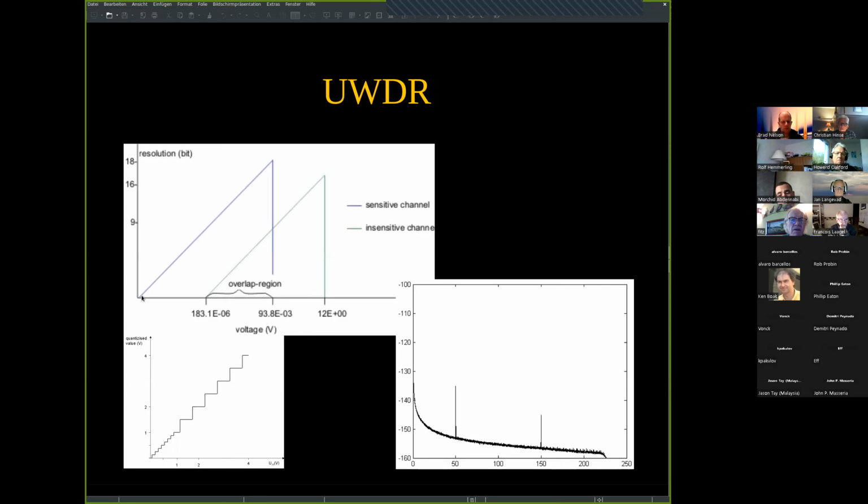There is one that is an 18-bit A to D, which is very sensitive. And then later on, there is also in parallel a 16-bit ADC that has a much lower sensitivity. And here you see the combined action of the so-called fine ADC and the coarse ADC.